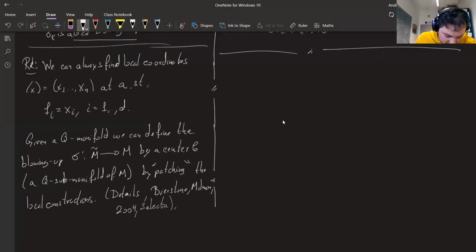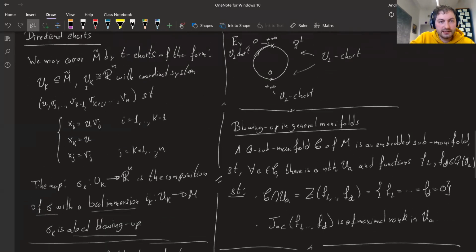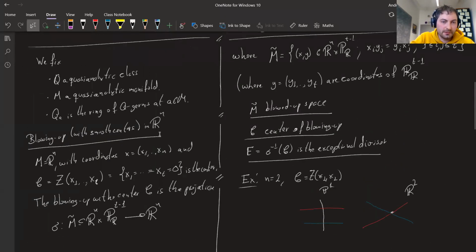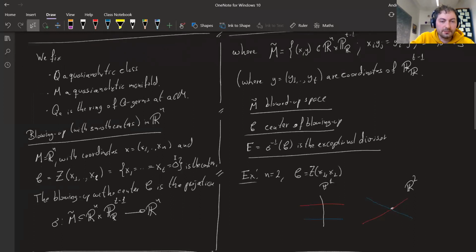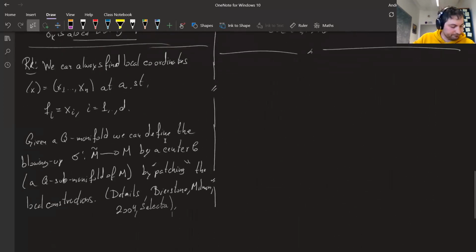It was published in Selecta. So it is possible to define what a global blowing up is in full generality in M, but we can keep the idea that we're covering by this kind of charts, very simple algebraic charts, and that we are mostly working up to making a change of coordinates.